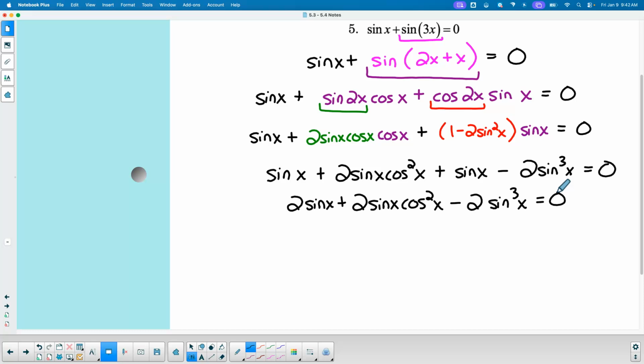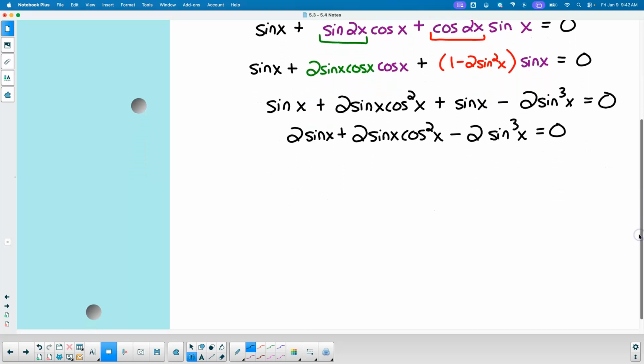We can factor out a 2 sine of x from everything. That's going to leave me with 1 plus cosine squared minus sine squared.